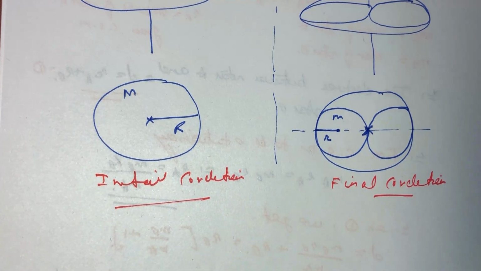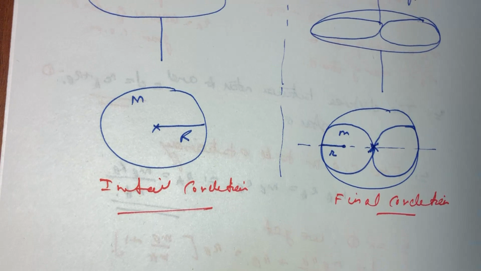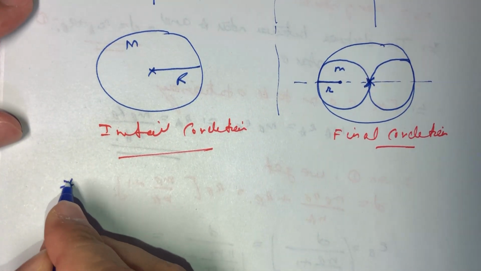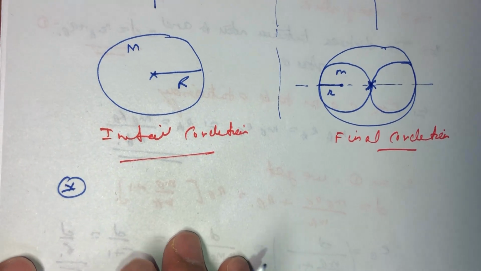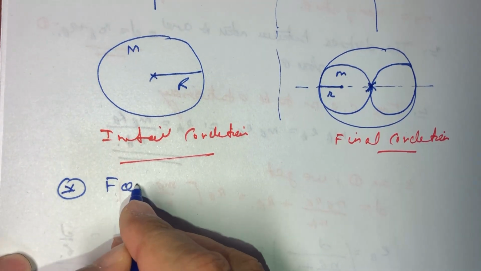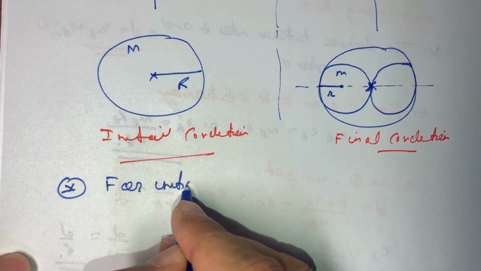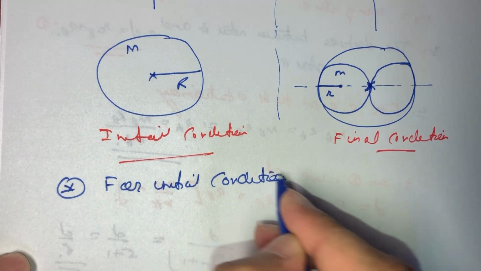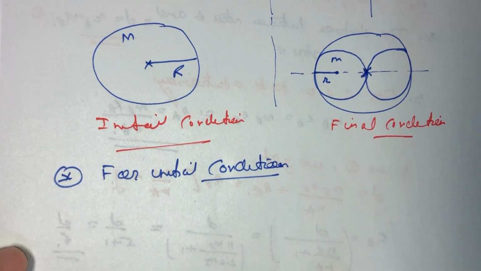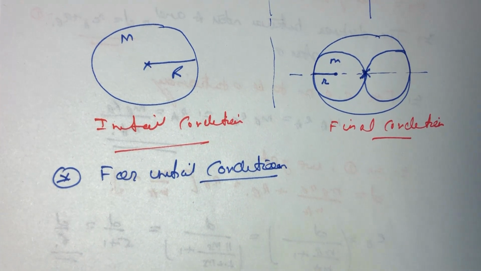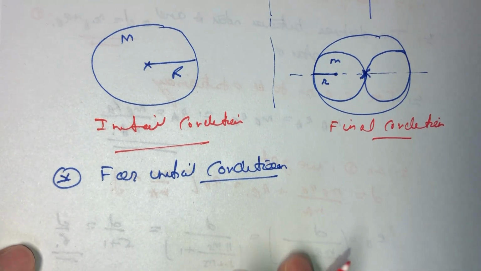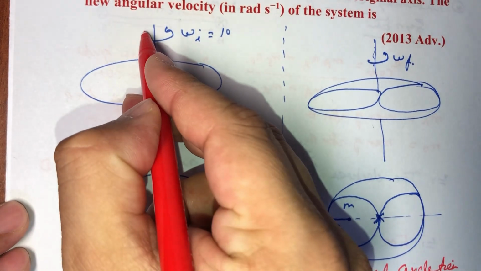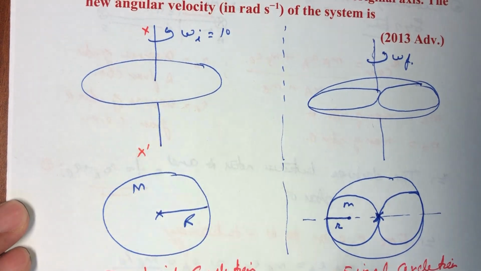So let us consider first the case when only the circular disc is rotating. For the initial condition, let us suppose this axis is called xx prime.